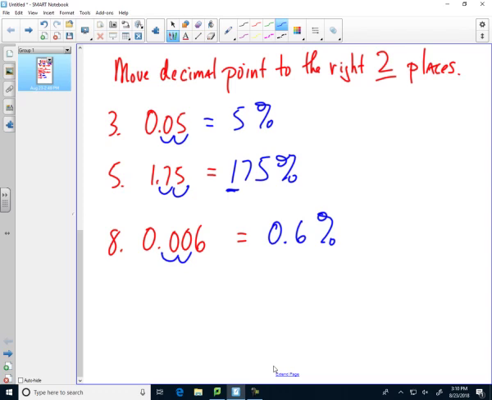The Fed has a target for inflation. Does everybody know what inflation is? That's how much everything goes up, the price you pay for things over a period of time. The Fed shoots for an inflation rate of 2%, which means if you buy something this year for $1, next year it'll cost you $1.02.